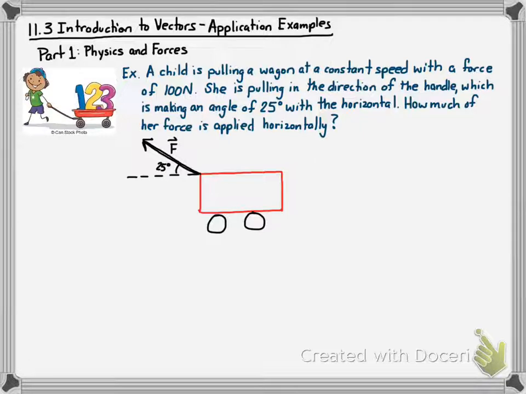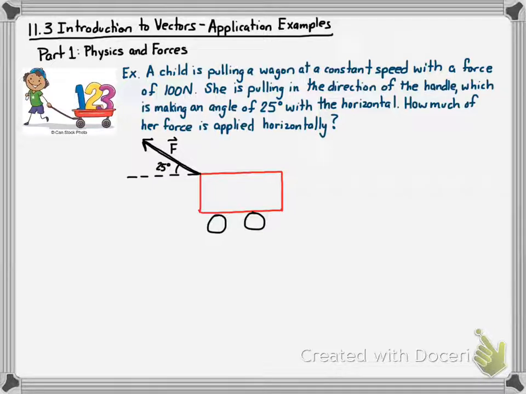The force itself is a vector because it has a length, which is the amount of force or the magnitude of the force, and it has a direction, in this case 25 degrees above the horizontal. Now, a lot of times in physics, it's important to break up the force that we're looking at because we care about the amount of force in a horizontal direction and the amount of force in a vertical direction.